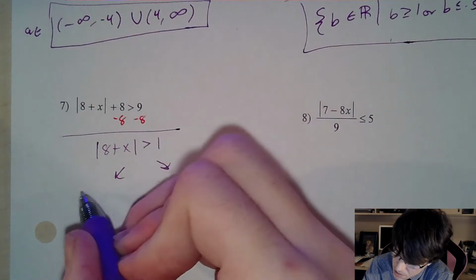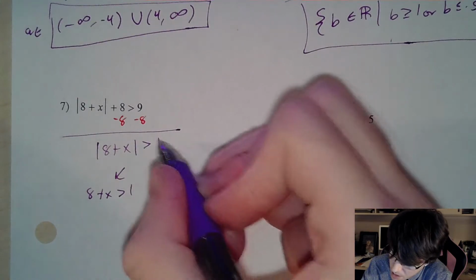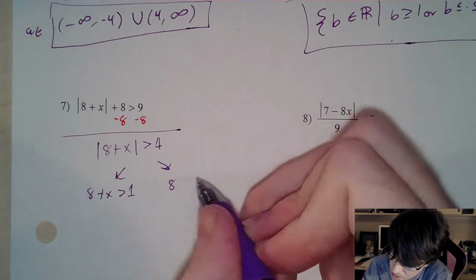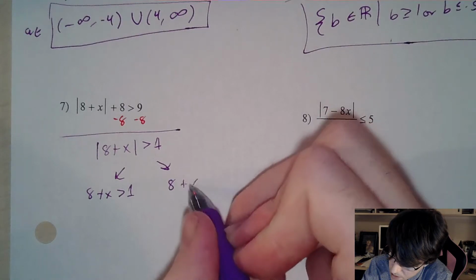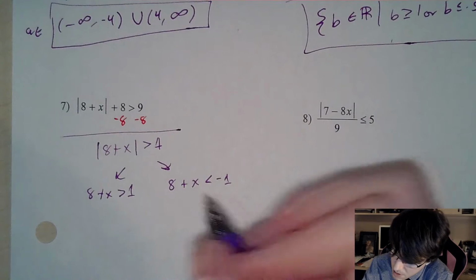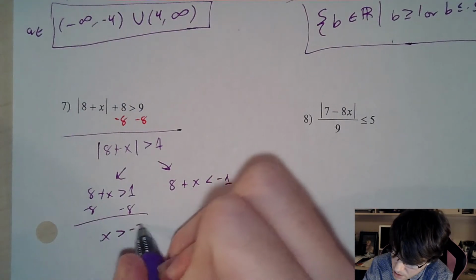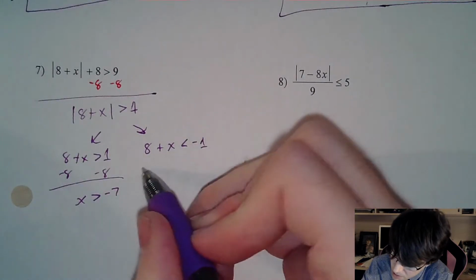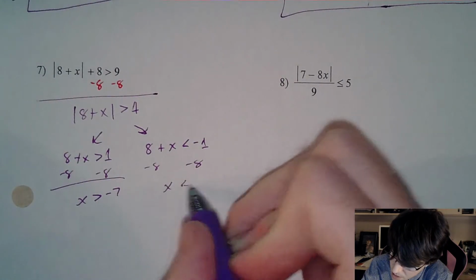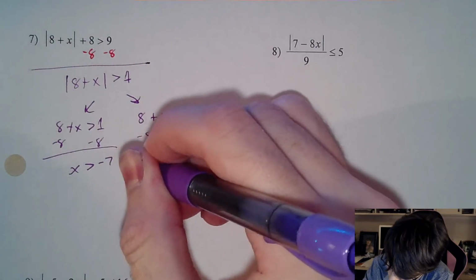Absolute valued. So we're splitting into 2. X plus 8 greater than 1. 8 plus x is less than negative 1. And now we got to subtract 8 on both sides. We got x greater than negative 7. We got to subtract 8 on both sides. X less than negative 9. And again, that word or is in the middle.